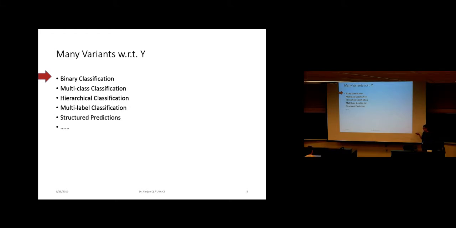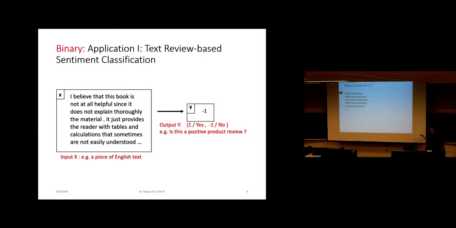I'm going to give you example applications for each. For binary classification, the most classic is sentiment classification of reviews, user reviews from Amazon, from TripAdvisor. Either thumbs up or thumbs down, good review or bad review. That's the most classic binary classification. Sentiment or polarity is one of your homeworks.